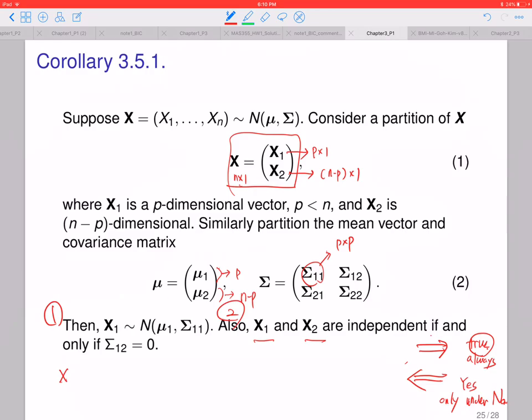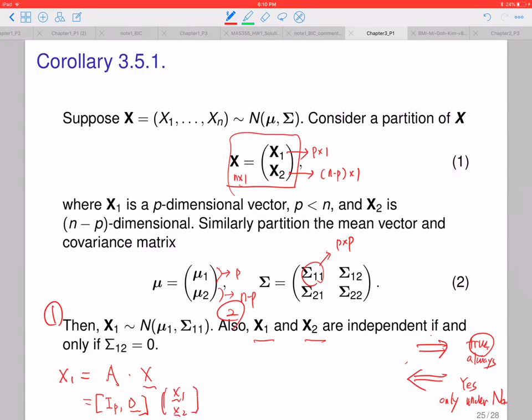To prove the first part, you can see that x1 is A times the original x, where A is I_p and 0, times x1, x2.